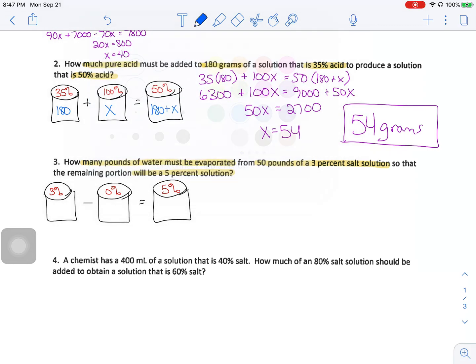Let's take a look at our quantities. In this case, we're talking about pounds. So we have 50 pounds that we're starting with. How much are we evaporating? I have no idea, right? But if we're evaporating it, that means our end product here is going to be the 50 pounds we started with minus how many pounds we evaporated.